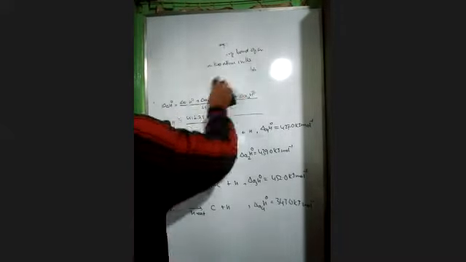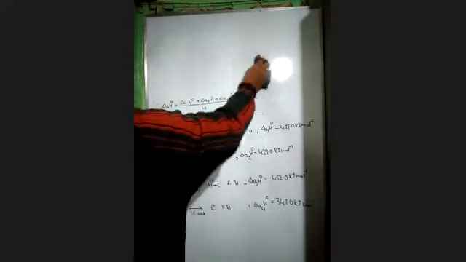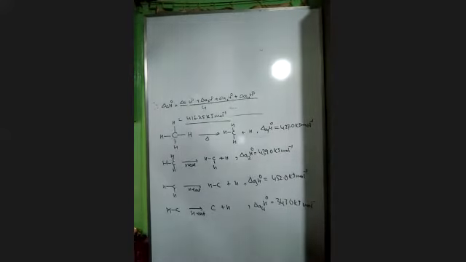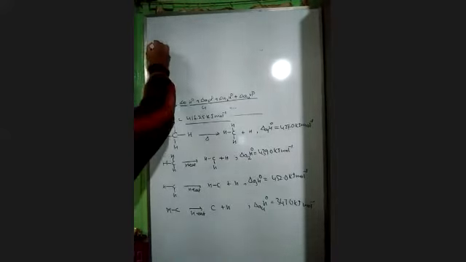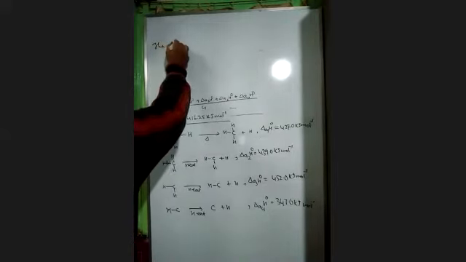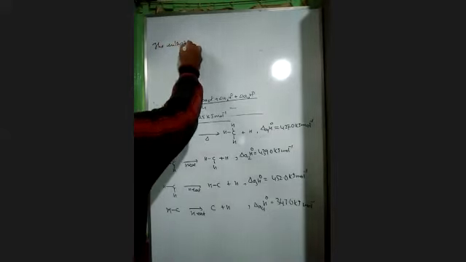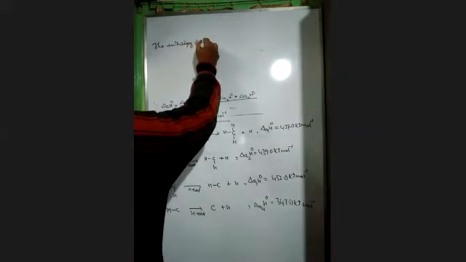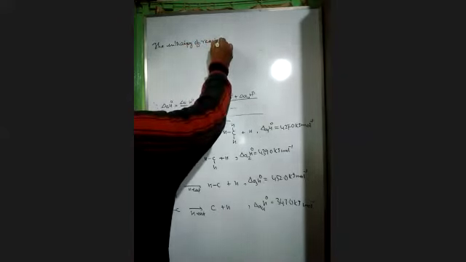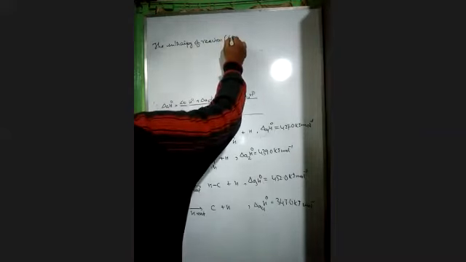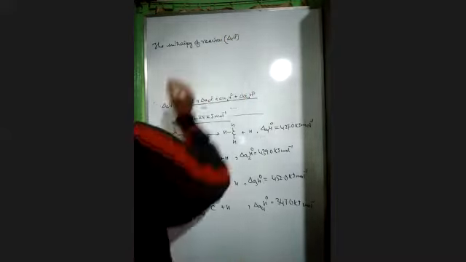So now, in that case, I can write the enthalpy of reaction, that is, you can write here delta R H0.